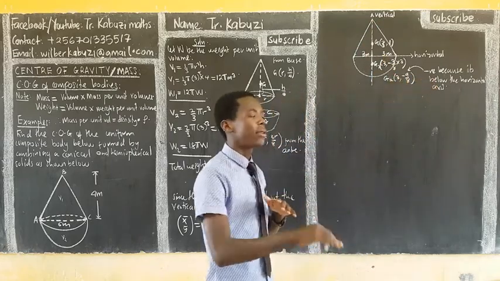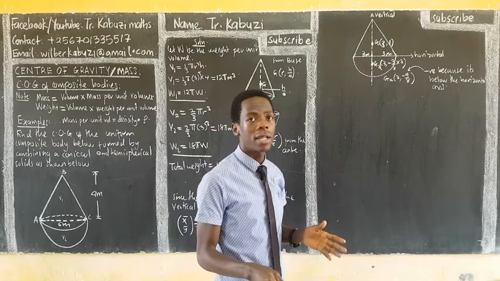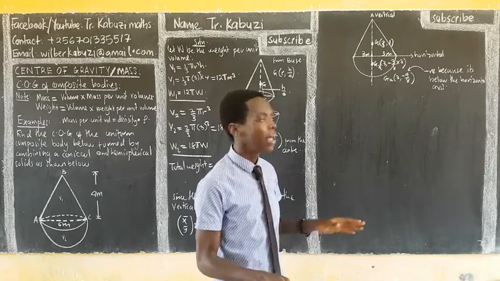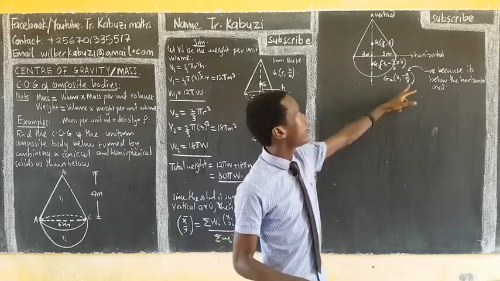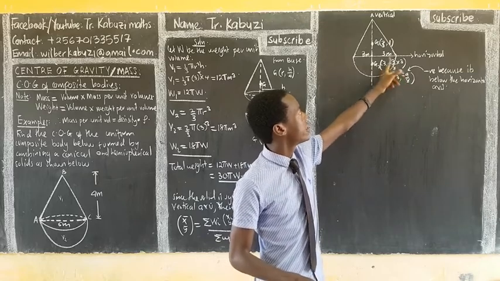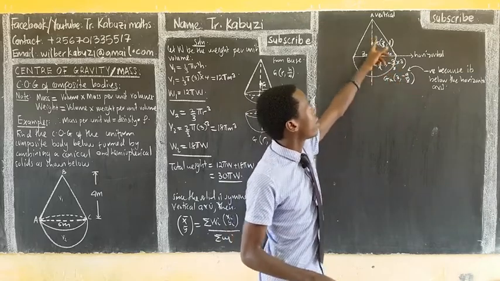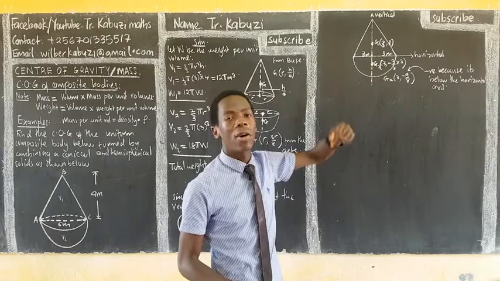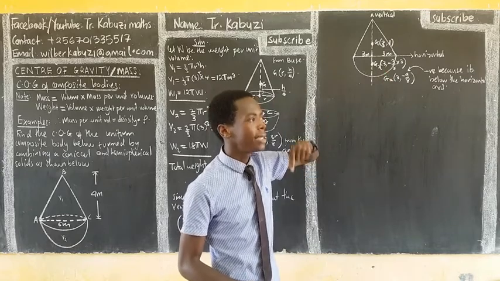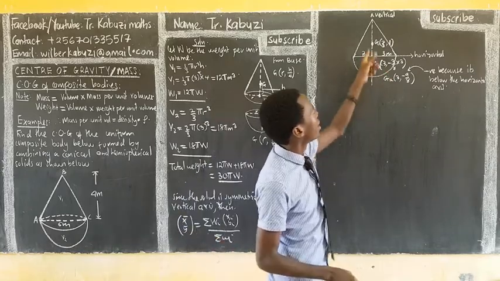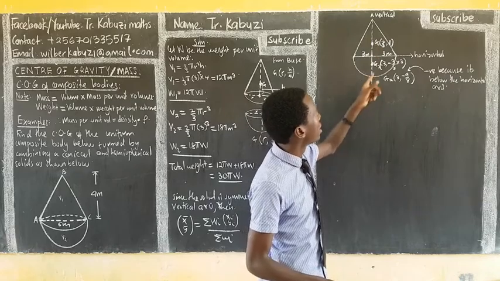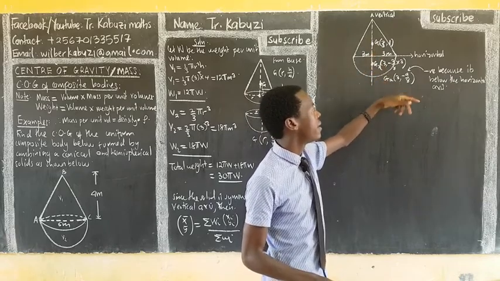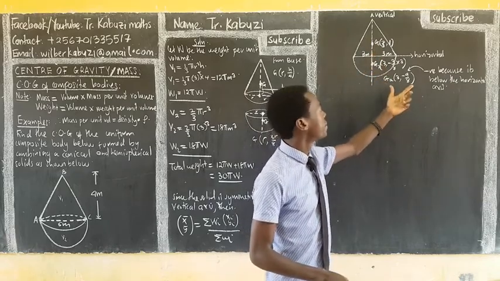If it's symmetric about the horizontal, then the y values are going to be the same. So here you can get only the y, because the center of gravity always acts on the line of symmetry. And here we see that the x value is 3, so even for the center it's going to be 3.